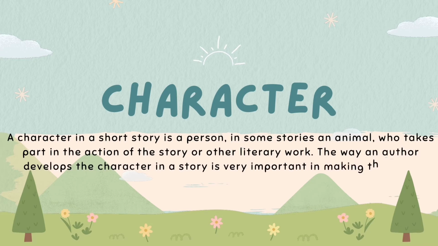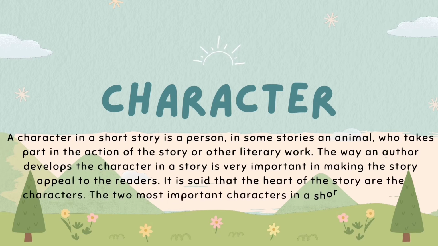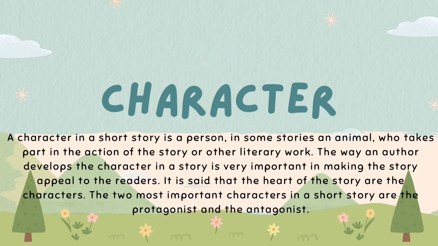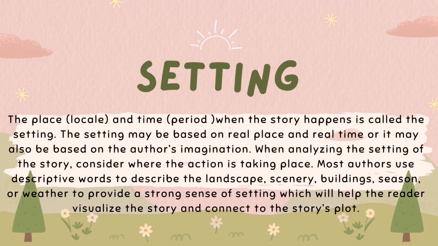The way an author develops the character in a story is very important in making the story appealing to the readers. It is said that the heart of the story is the characters. The most important characters in a short story are the protagonists. They are the good characters, and the antagonists are the ones who deal with the protagonist, or the opposite of the protagonist.